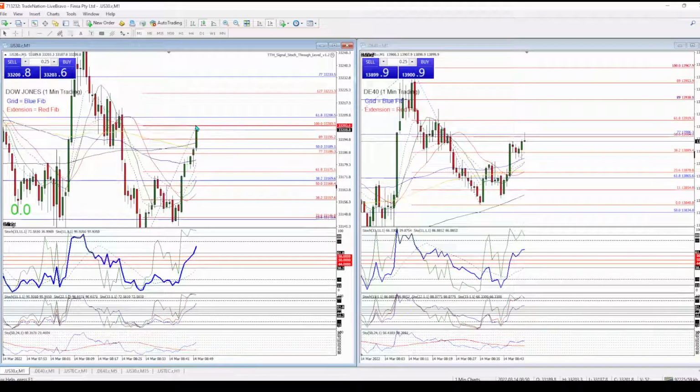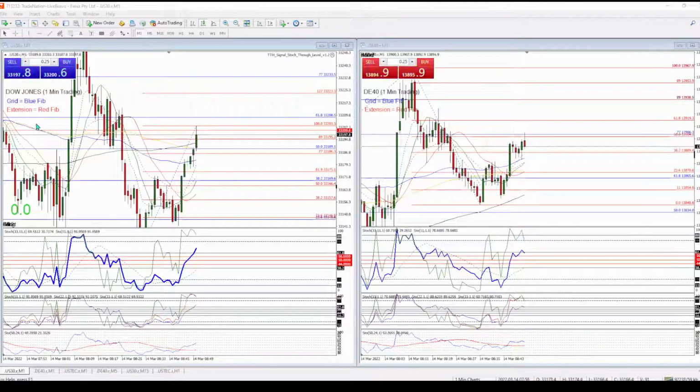Dow 5-minute trend is still down. DAX 5-minute trend is still up.